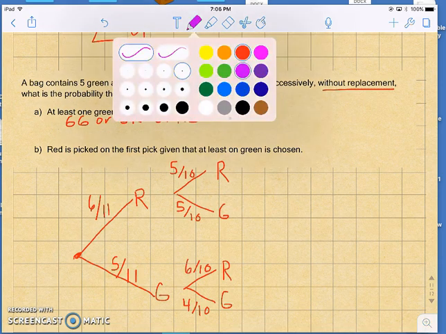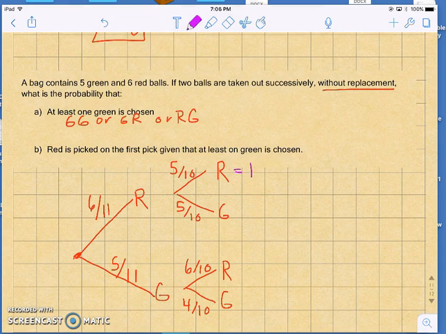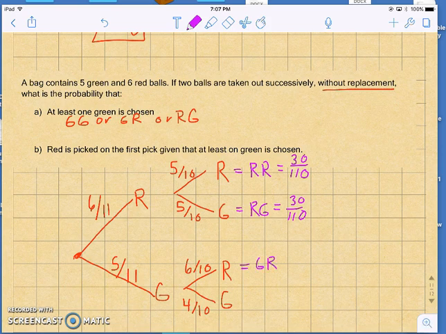So if we calculate out these probabilities, the probability of a red red, 6 times 5, so we'd have 30 out of 110. A red green would be 6 times 5, 30 out of 110. A green red, 6 times 5, so we have 30 out of 110.